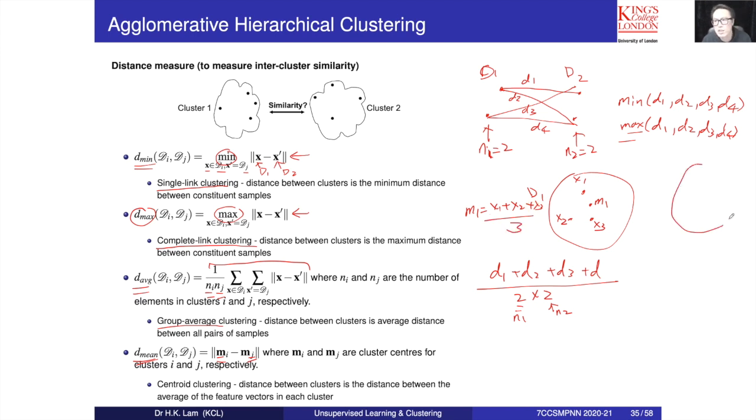The same for the next cluster D2, with x4, x5, x6. This is M2, which is x4 plus x5 plus x6 divided by 3.